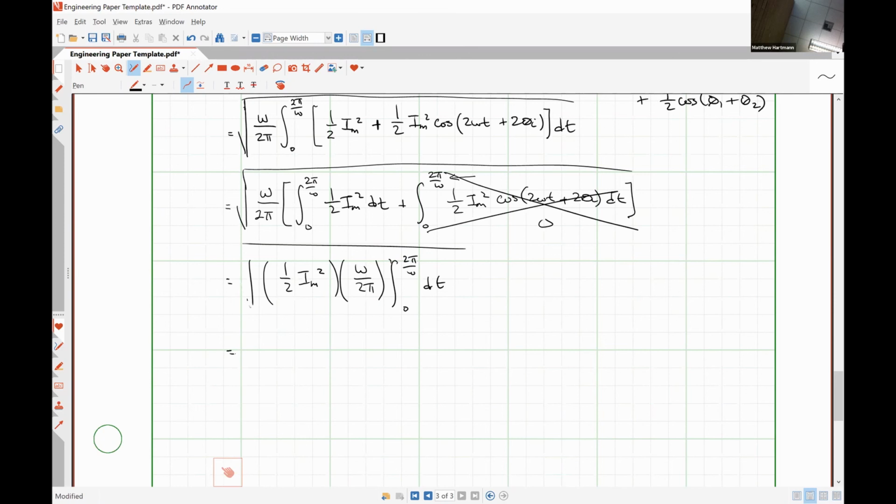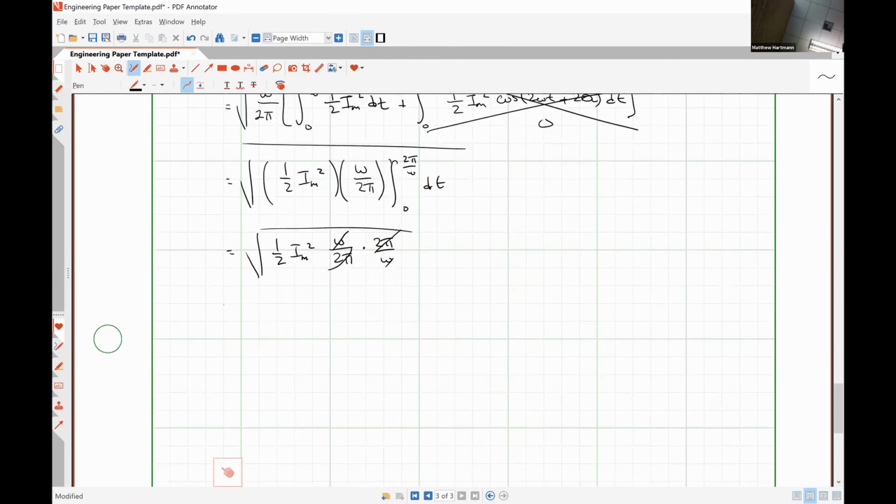Well, that's simply 1/2 Im squared times omega over 2 pi multiplied by 2 pi over omega. These guys all cancel each other out. And what we're left with is Im divided by the square root of 2.